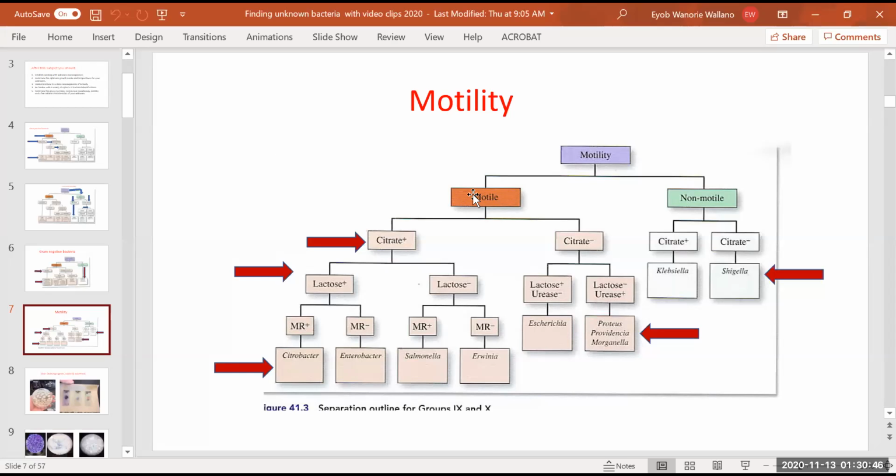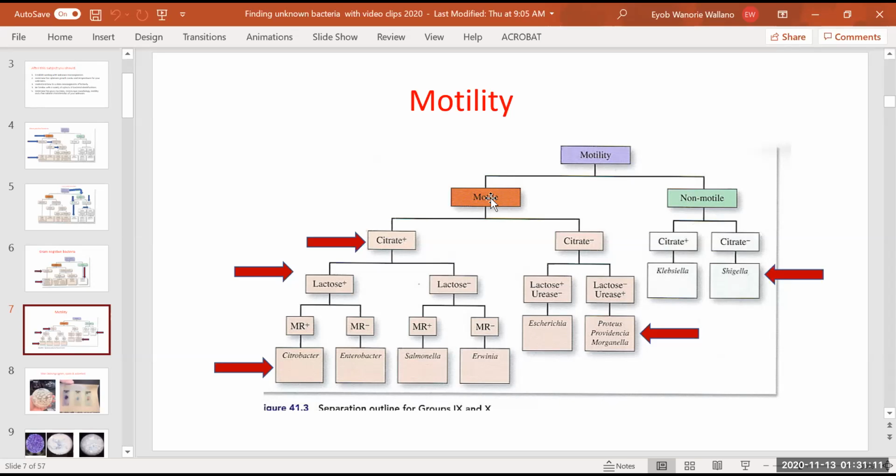Motile bacteria need to have flagellum. Whether it is monotrichous, amphitrichous, polytrichous, whatsoever, they have flagellum. Because of flagellum, they move. Scientifically, when we say all bacteria can move, it is by theory. But we know bacteria are motile because of their own flagellum.